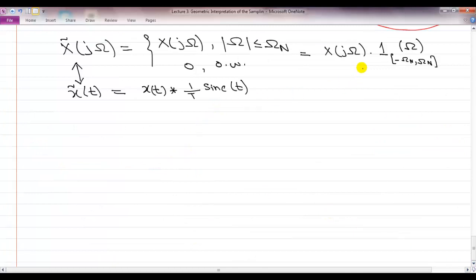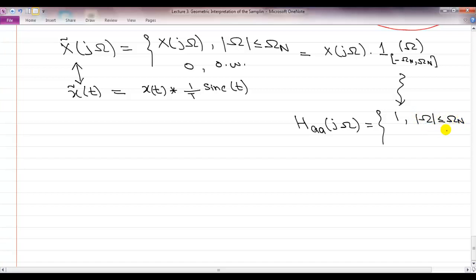The filter associated with this is called the anti-aliasing filter, H_AA of j omega, which is simply 1 for omega less than or equal to omega n. Sometimes you will also see it written as omega s by 2, if you are defining your band limited class based upon your sampling rate, and 0 otherwise. And your x tilde t is simply given by the output of that.